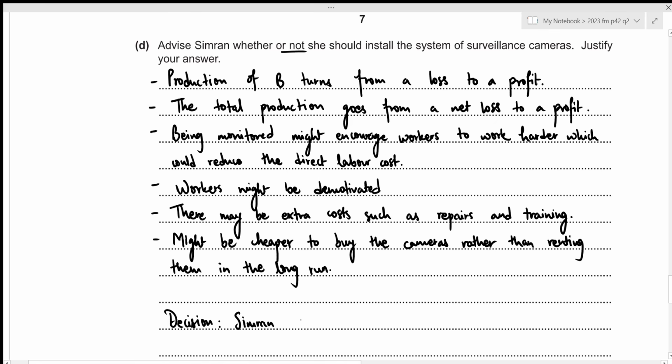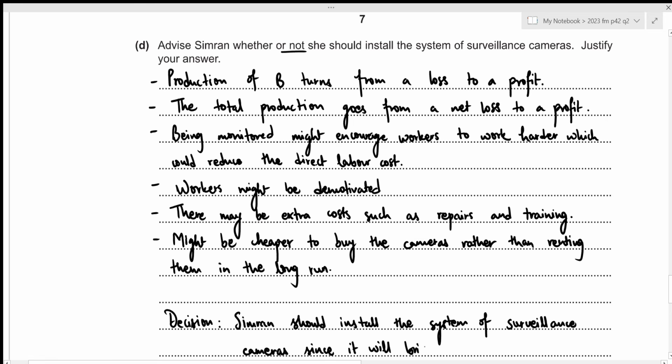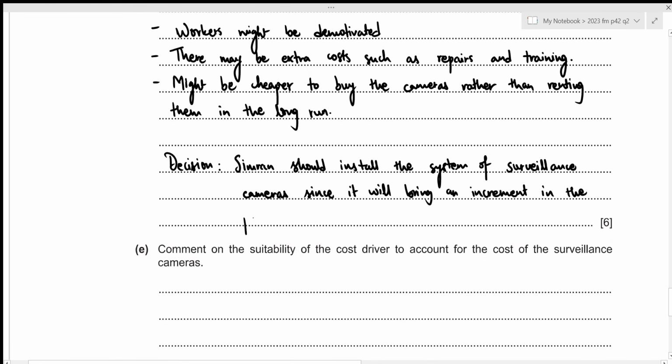Simran should install the system of surveillance cameras since it will bring an increment in the profit. Okay, that was the fourth part.